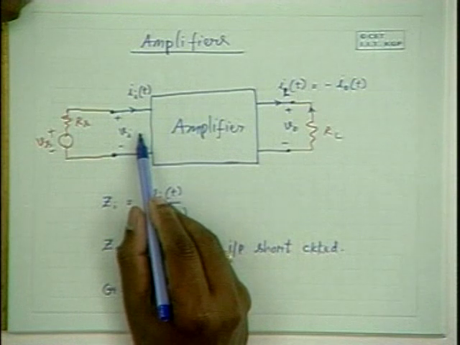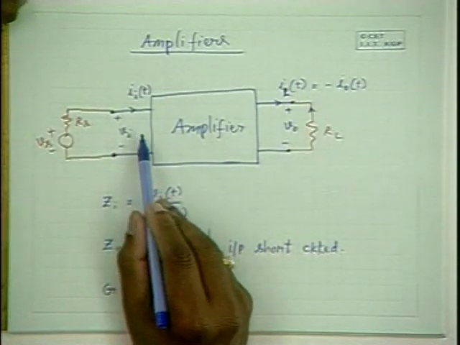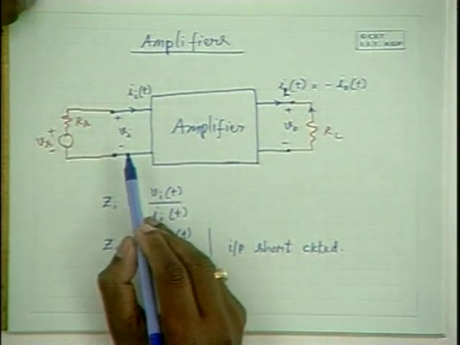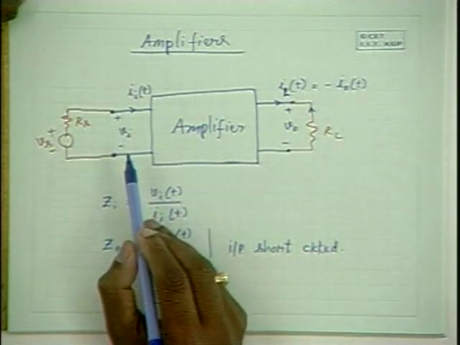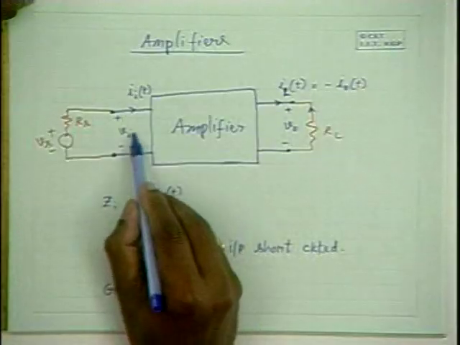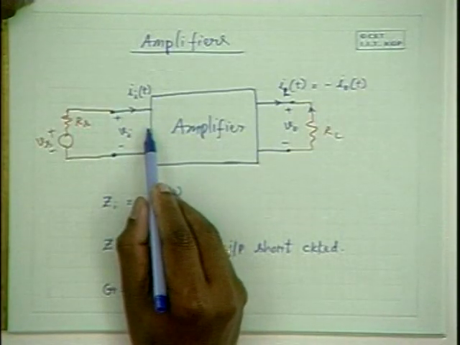In general, an amplifier exhibits some impedance rather than a pure resistance at the input terminals, because amplifiers involve some capacitances. The capacitances are inherent in the device itself, and some capacitors are included in the circuit, similar to the blocking capacitor. Because of this, it exhibits some impedance at the input terminal.